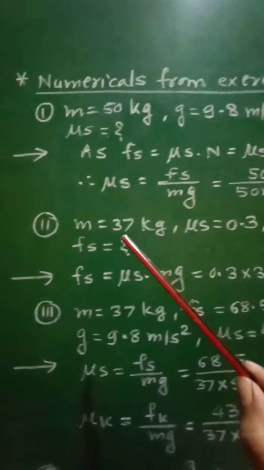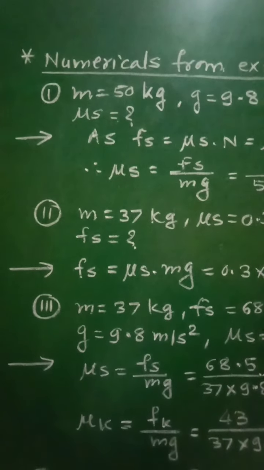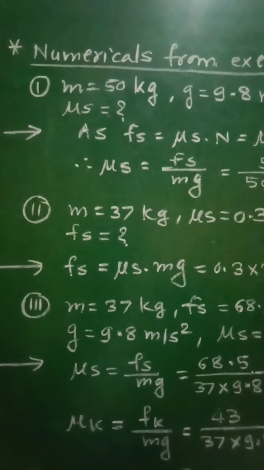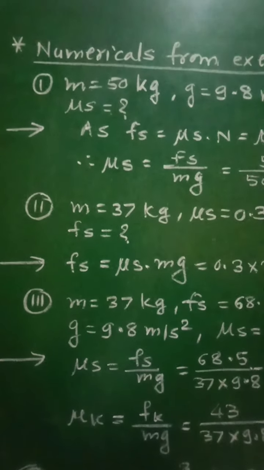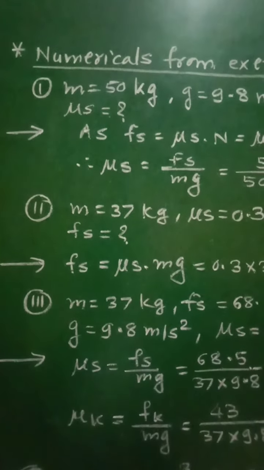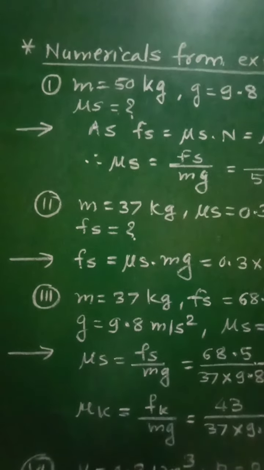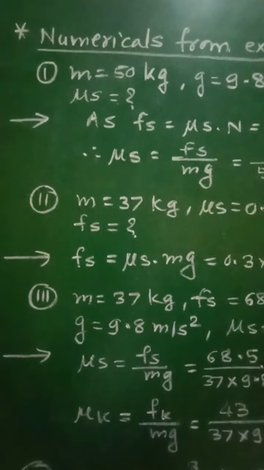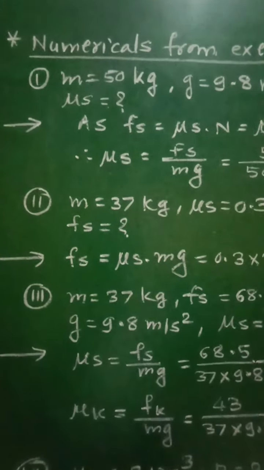Then let us go for numerical number 2, which is given as: a block of mass 37 kg rests on a rough horizontal plane having coefficient of static friction 0.3. Find out the least force required to just move the block horizontally.